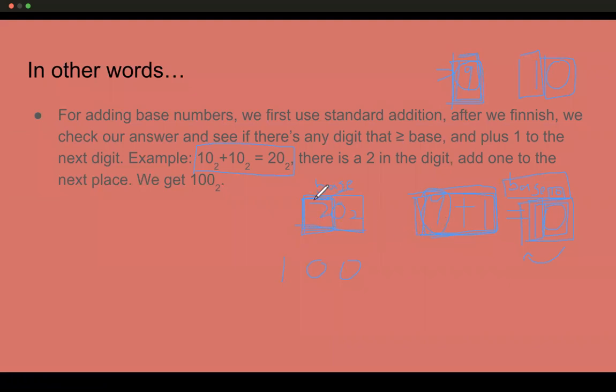And this happened right here. 2 exceeded the maximum number of the unit digit, so it becomes 10 and the 0 stays. Did you guys all understand that? If you didn't understand, just type in the chat.